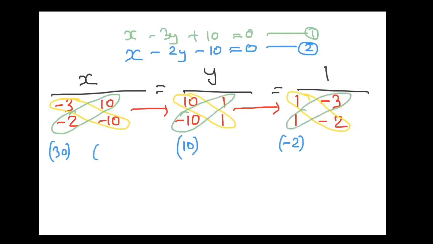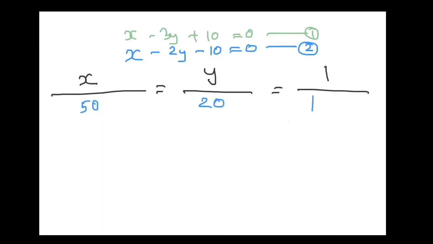That is -20, -10 and -3, and put the negative sign in between. So simplify this. You have here 50, here 20, and here you have 1. So what is left is x upon 50 is equal to y upon 20 is equal to 1 upon 1.